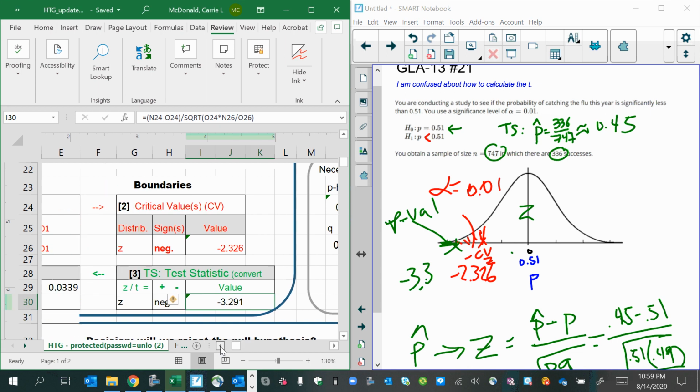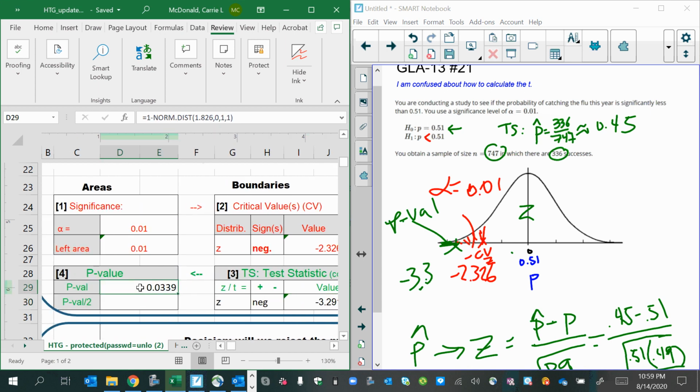And that we will find by using norm.dist on the test statistic, with a mean of 0 and a standard deviation of 1, cumulative. So a very tiny p-value, 0.0005. So it's extremely rare for this sample proportion to happen just by chance, which means that maybe this population proportion isn't quite right.